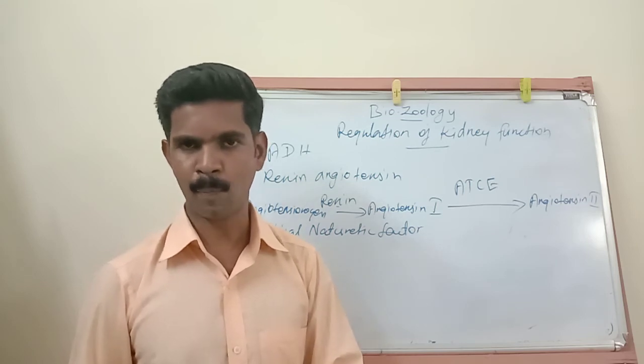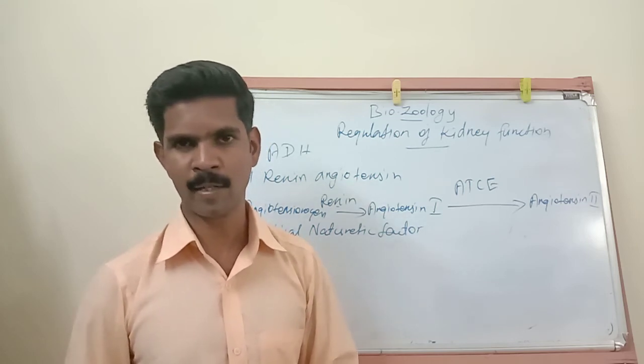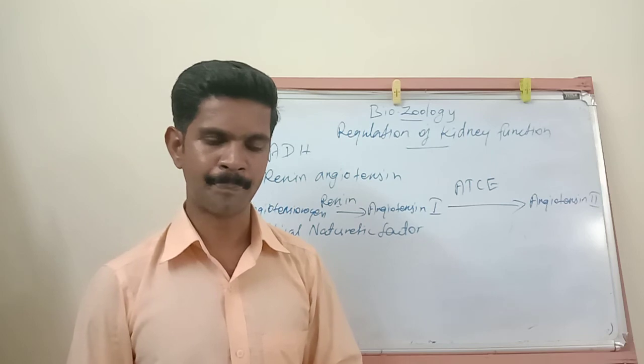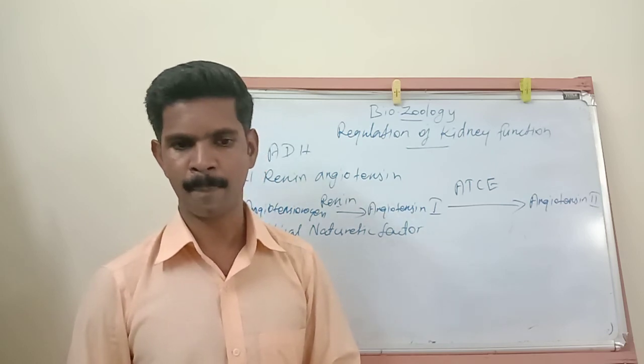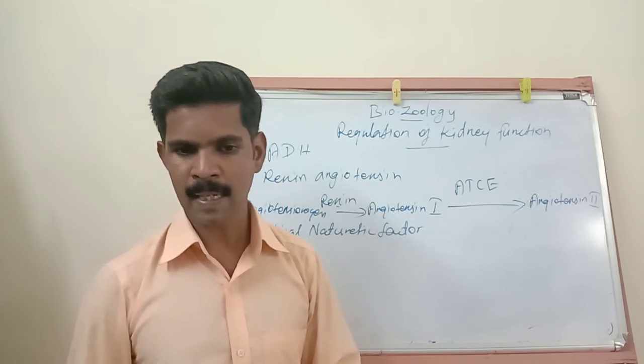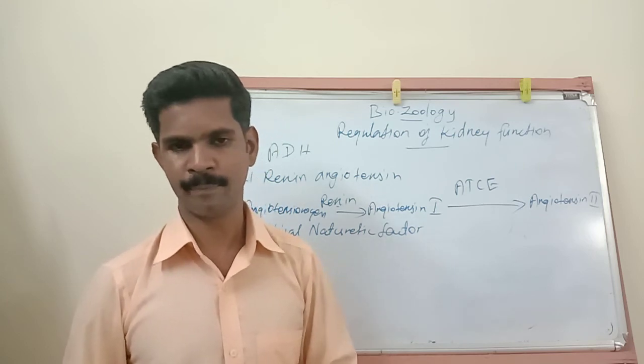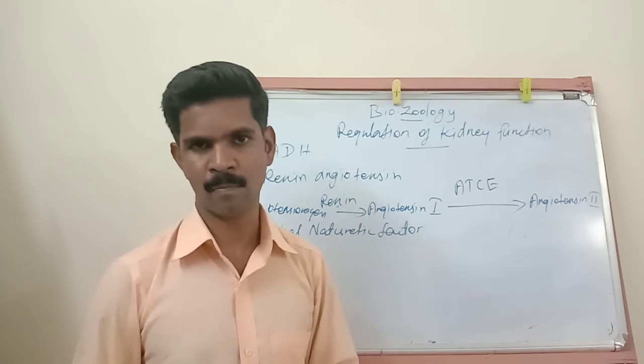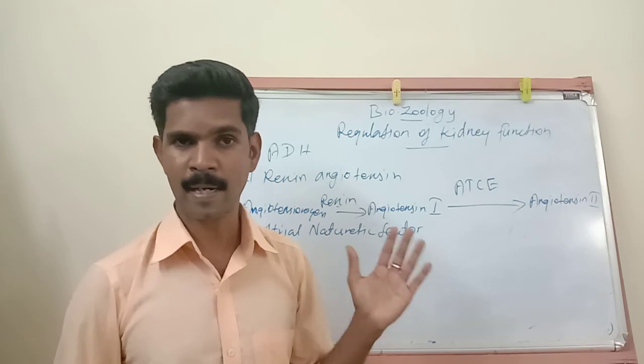This atrial natriuretic factor moves to the kidney. Then it increases the sodium excretion and increases the blood flow. Now I will say the functions of this natriuretic factor.